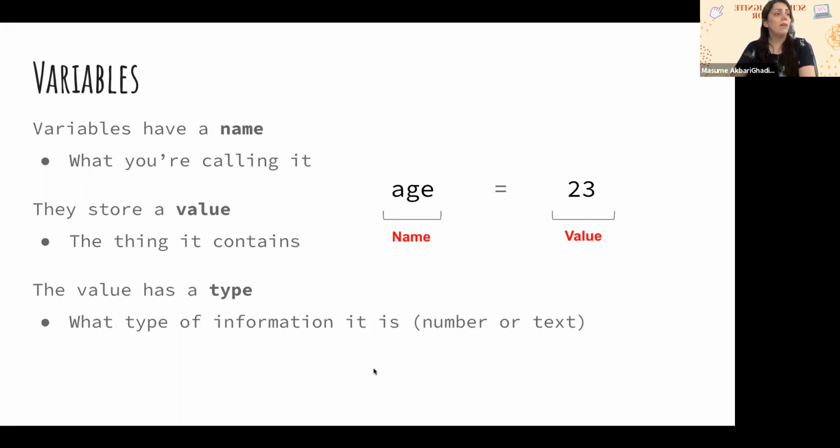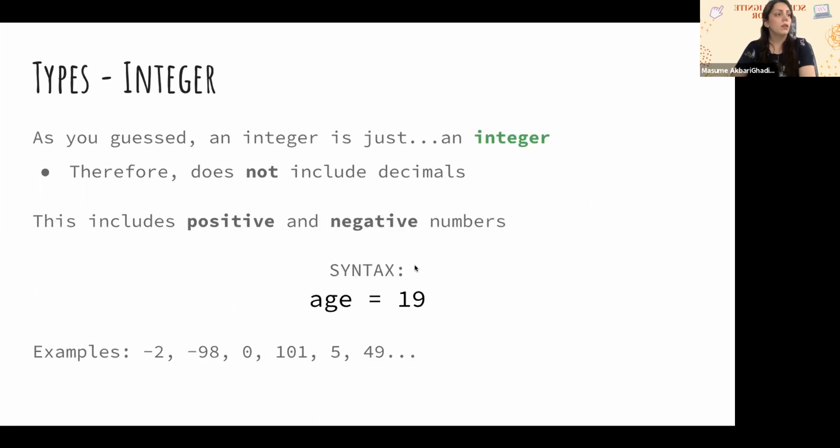And they also have types. So there are different types like strings, floats. So here, if it's a whole number, it's an integer, and it could be negative or positive.